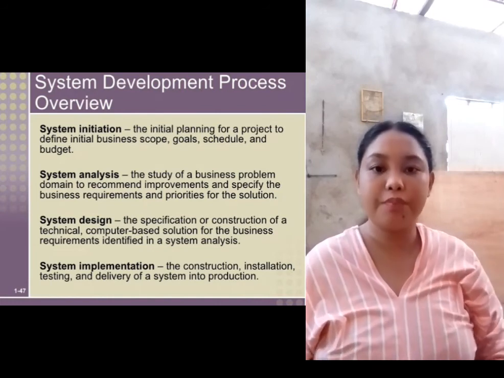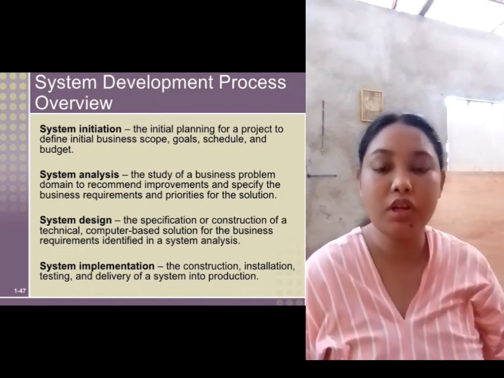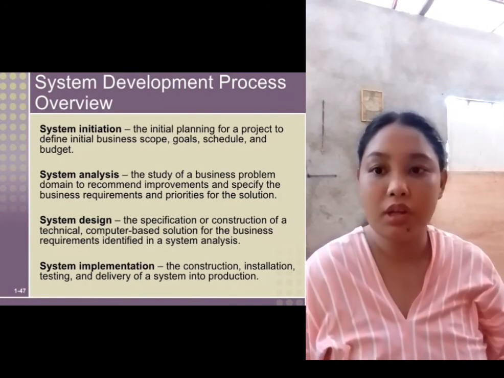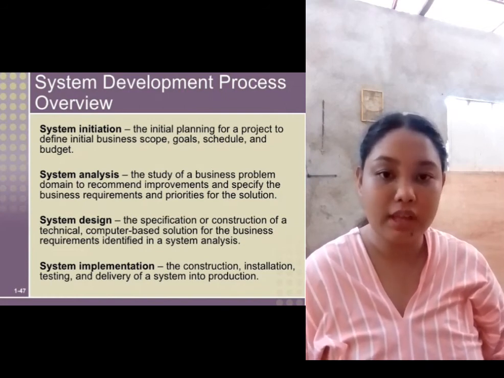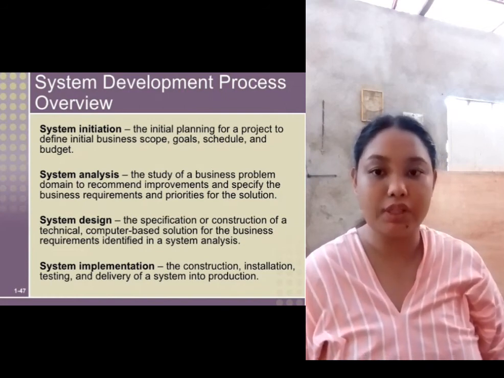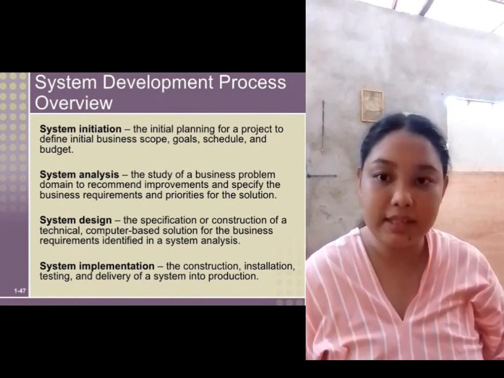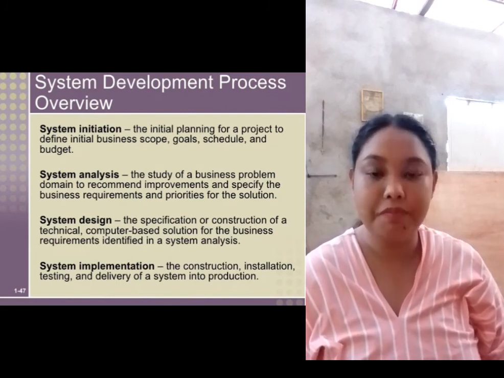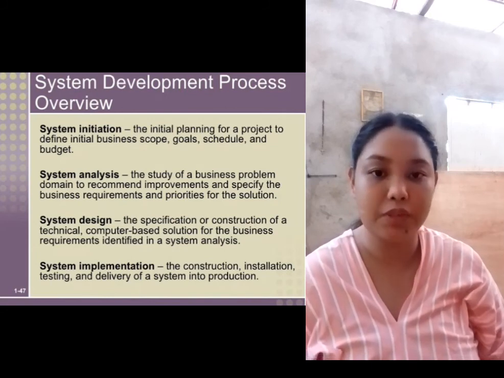The types of simple system development process are, first, system initiation: the initial planning for a project to define initial business scope, goals, schedules, and budgets. The second one is system analysis: the study of a business problem domain to recommend improvements and specify the business requirements and priorities for the solution.